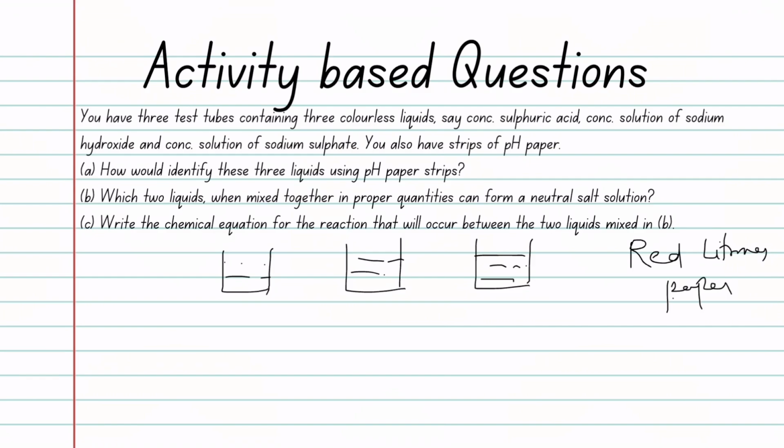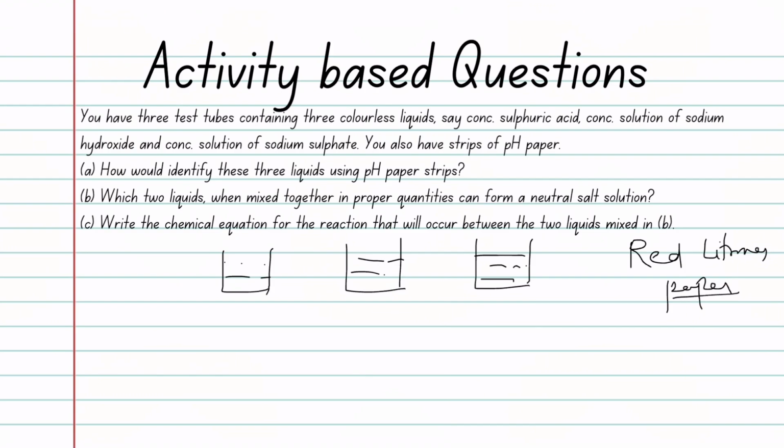So what we will do is we'll take red litmus paper and we'll put it in the 3 solutions. If it's an acid, it will not turn the red litmus paper into any other color, so it would remain red. If it's a neutral solution, in that case also the red litmus paper would remain red. But in case of base, the red litmus paper will turn blue.